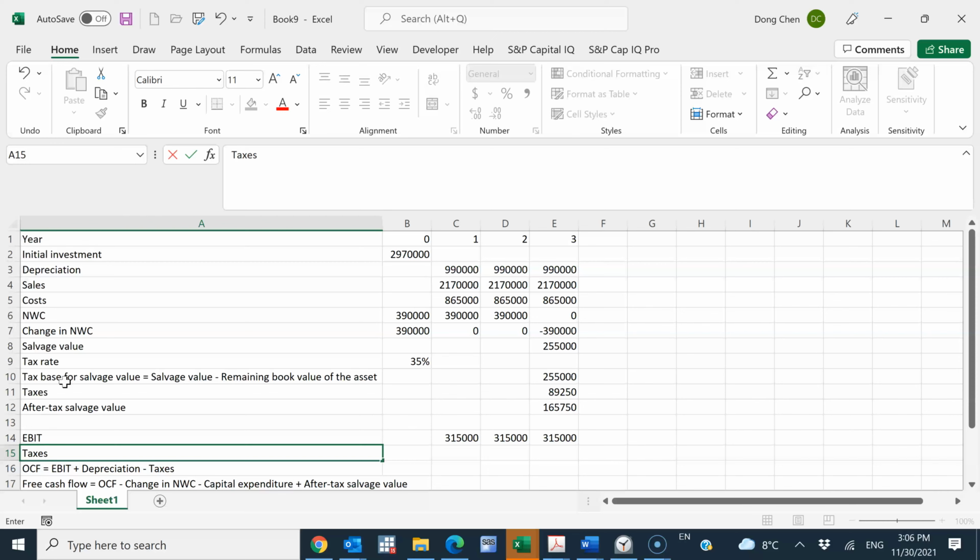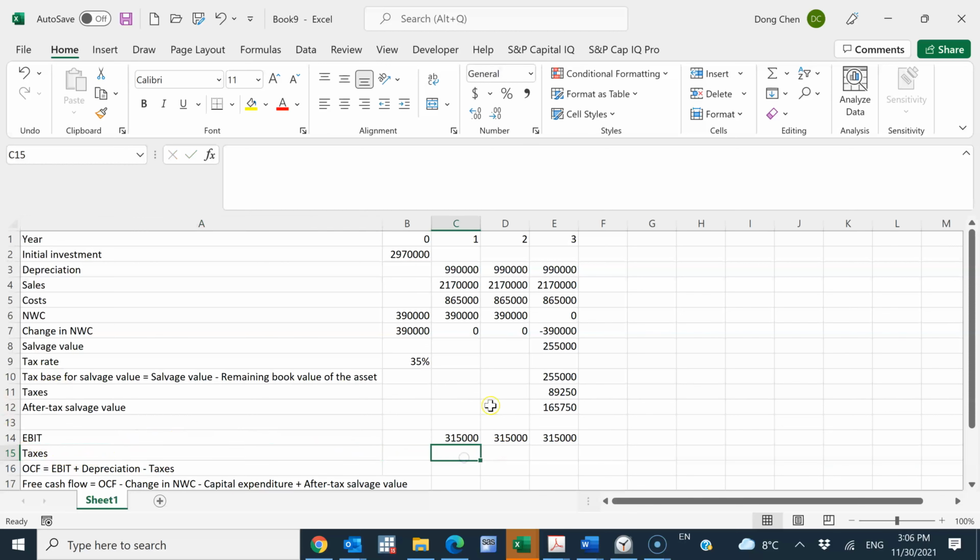But in terms of capital budgeting, we should incorporate the effect of interest or debt on the project value into the discount rate, not into the cash flow. That means in terms of estimating the cash flow, as we are trying to do here, we should ignore any interest expense. So the taxes now will be based on EBIT rather than EBT. So taxes will be EBIT multiplied by the tax rate.